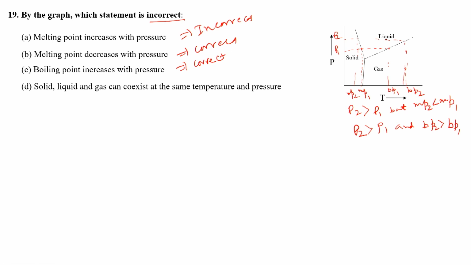Solid, liquid and gas can coexist at the same temperature and pressure. This is also correct, right? At this point, the triple point at T3, all these three phases can coexist.